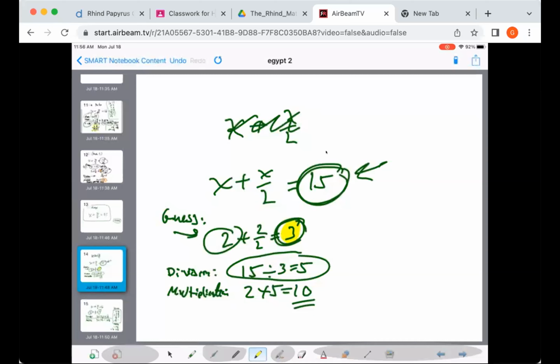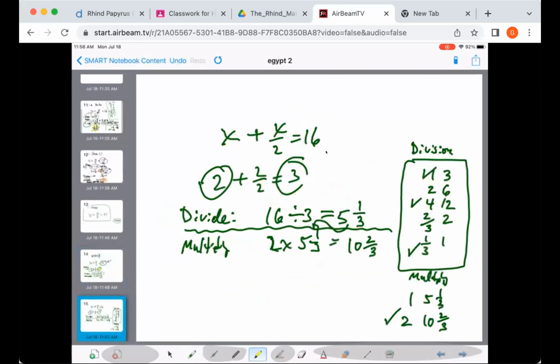So now I come over here and I say, oh, my answer is wrong. I got a 3. I wanted a 16. So what do I need to multiply everything by? What's the magic multiplier? You have to divide, not 15 divided by 3 is 5, but 16 divided by 3 tells me 5 1/3.